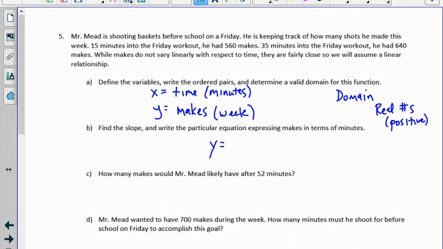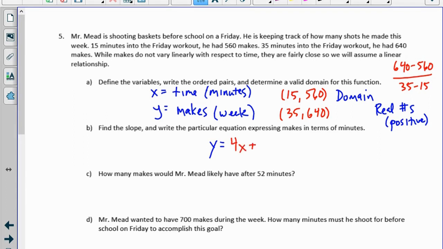So the ordered pairs in this problem are 15, 560, and 35, 640. So if I do the slope equation, I end up with 80 divided by 20. So that means my slope is 4.